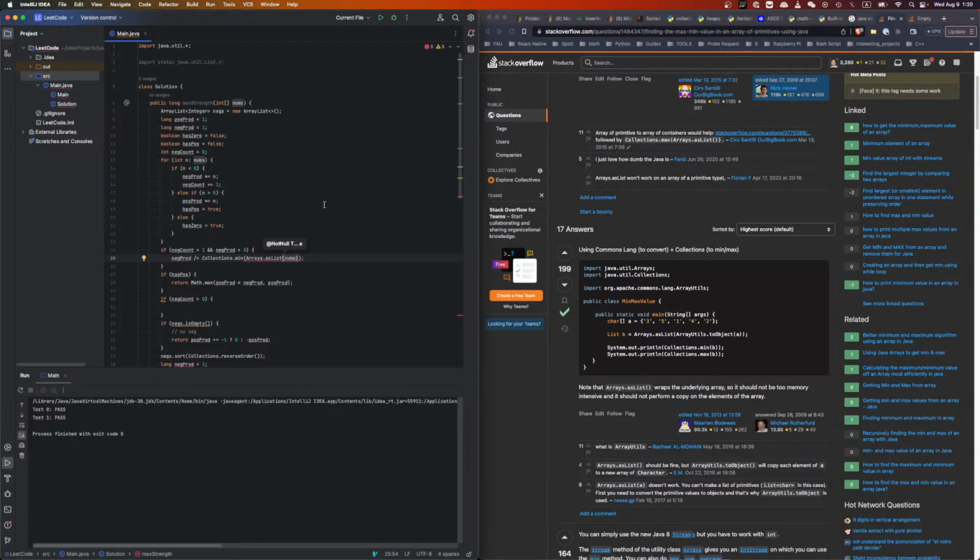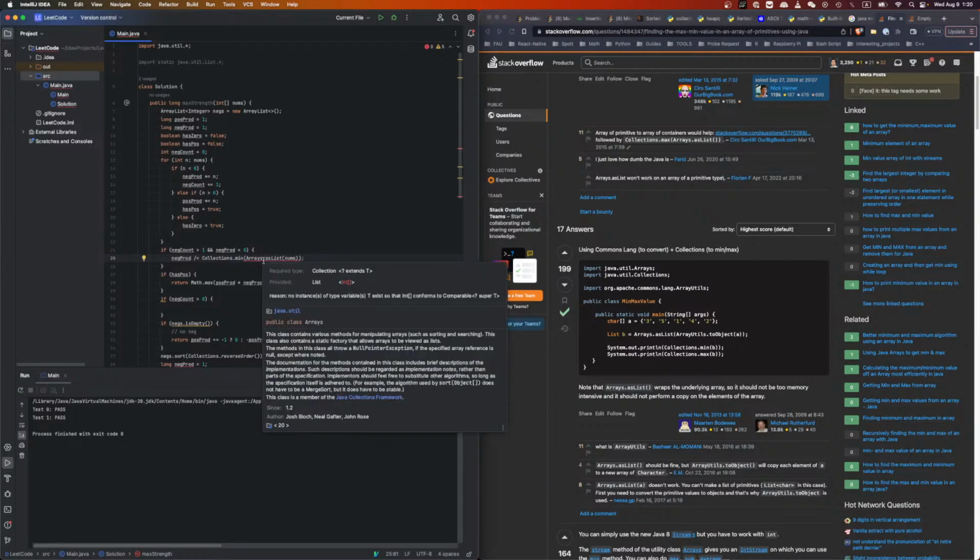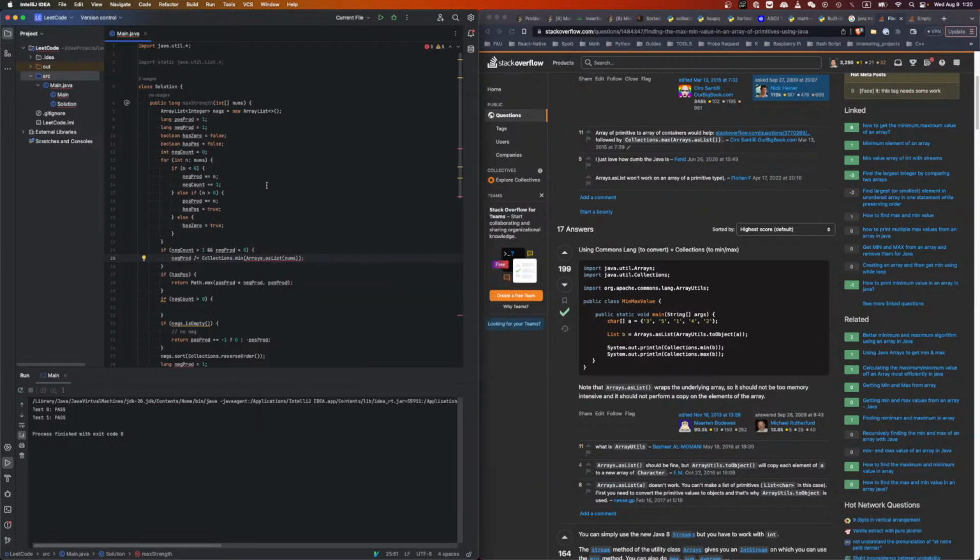Oh, this is stupid. This is as stupid as it can be, man. You can't even do a simple min. My God, Arrays utility.